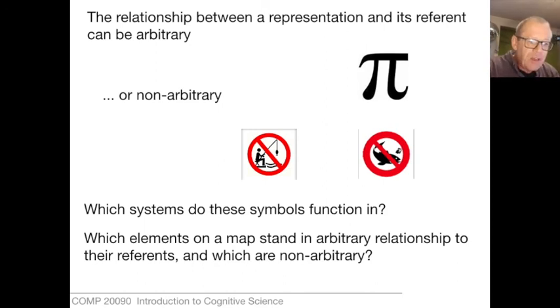Now you can see that there's a great deal of arbitrariness in how these things stand for anything at all. And some elements may be non-arbitrary, as with these iconic elements that indicate visually fishing. So that's our brief introduction to how things can be about things. Things we're looking at can be about things that are not here. Representation will take us to some strange places in the subsequent videos.